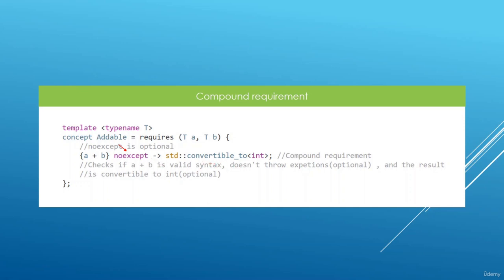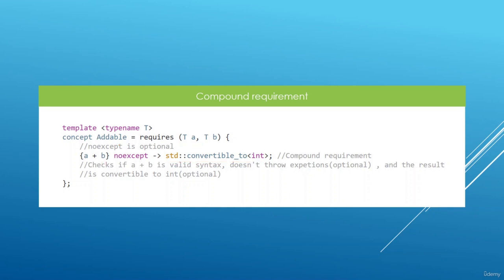So here we are saying for our concept, and if we pass in 2 parameters, the syntax for adding A and B must be correct and supported for those types. But the result of A and B must also be convertible to int. And you can do something like this. And this is going to work. You can enforce these kinds of things using compound requirements.